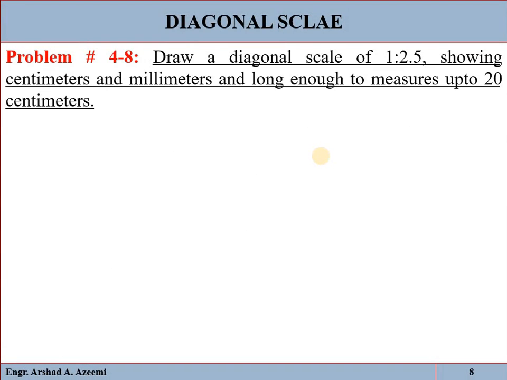Now just draw a diagonal scale of 1:2.5 showing centimeter, millimeter and long enough to measure up to 20 centimeter. So just find out the length of the scale, that will be 1/2.5 multiplied by 20, so you will get 8 centimeter.